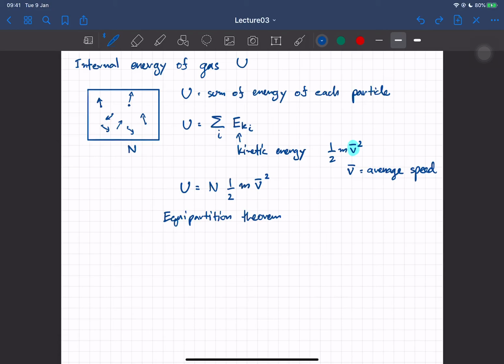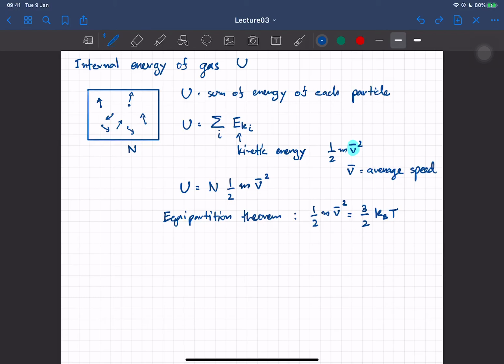I'm just going to state the result, and you'll need to forgive me for not proving it, because that would be a whole other course. It says that 1/2 m V bar squared is equal to 3/2 kBT. I apologize for not being able to prove it, but you have to just trust me that this is the case.